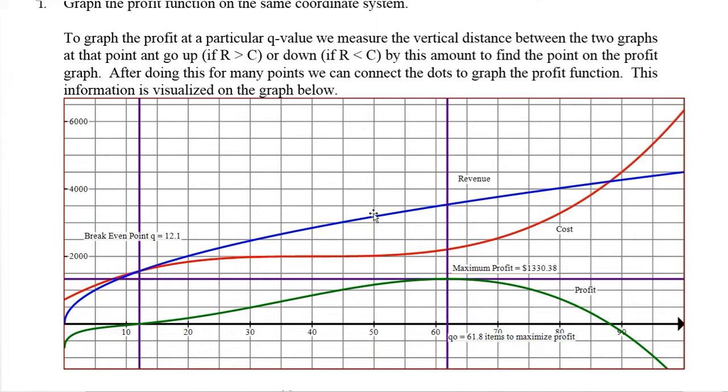Those slopes of the tangent lines, or slopes of the curves, are the marginal revenue and the marginal cost, respectively. Notice that those two tangent lines would intersect to the left of that point. So if you move back to the left, the two curves are getting closer together, whereas if you move to the right, the two curves are getting further apart. So we're not at the maximum yet. We can move further to the right.